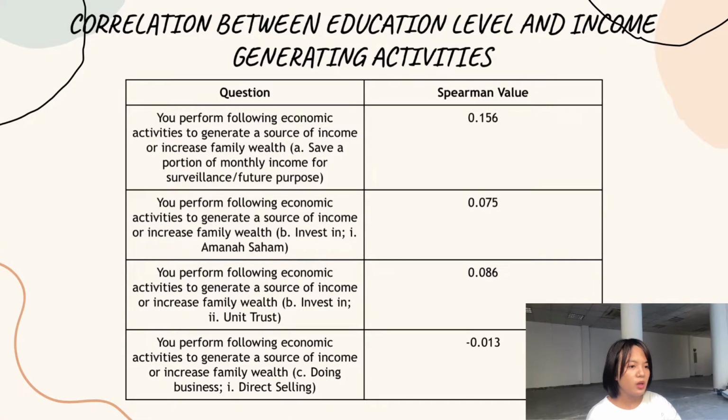And the next table, correlation between highest education level and income generating activities shows weak positive interaction in saving a portion of monthly income for future purpose, investing in a minor sum and investing in unit trust with the Spearman values 0.156, 0.075 and 0.086 respectively.